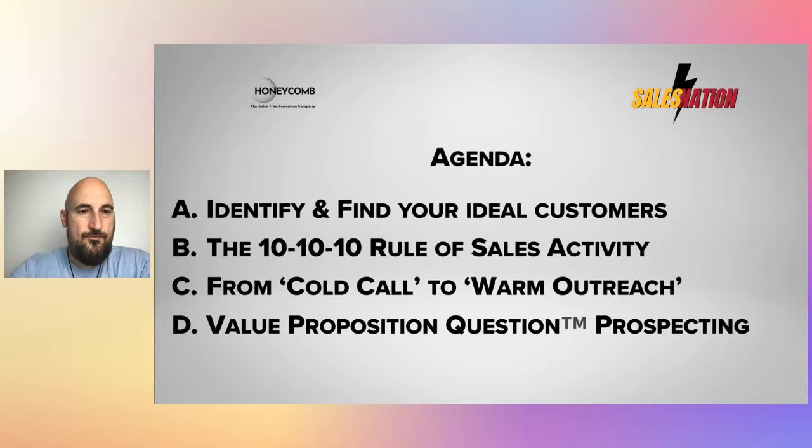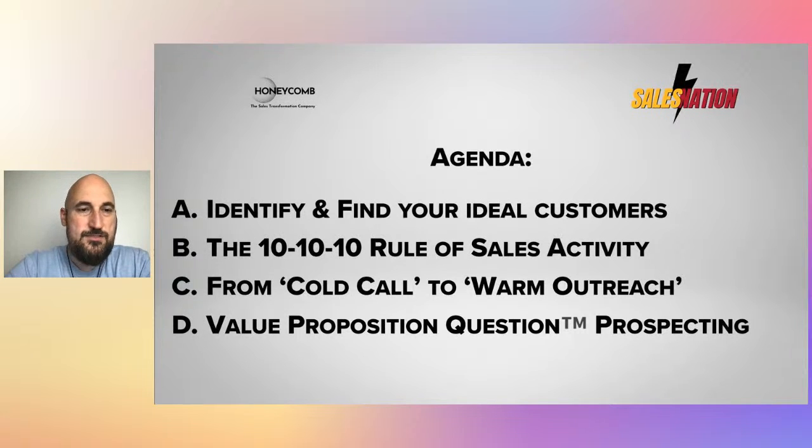So here's a little bit of the agenda that we are going through today. We start with identifying and finding your ideal customers, your ICP. Then you'll hear about the 10-10-10 rule of our sales activity. In part 3, you will see how you can go from a cold call to a warm outreach. And ultimately, in part 4, we're going to look through some examples and templates that you can use.